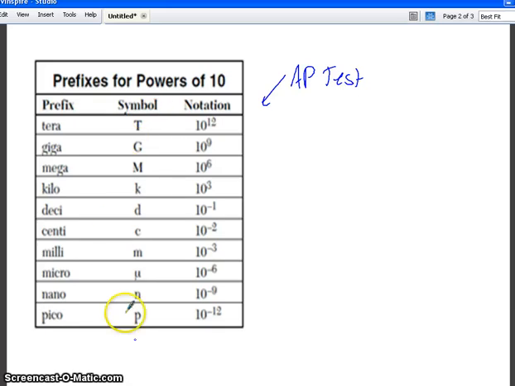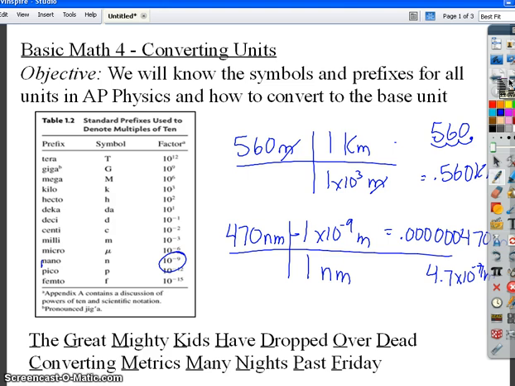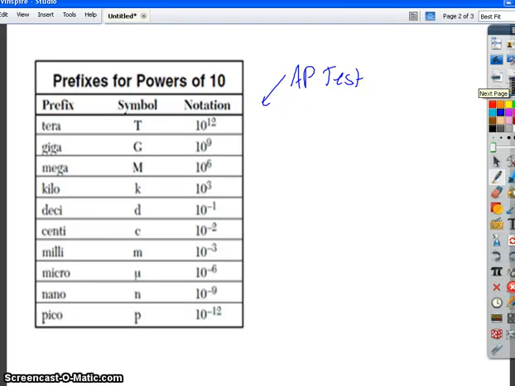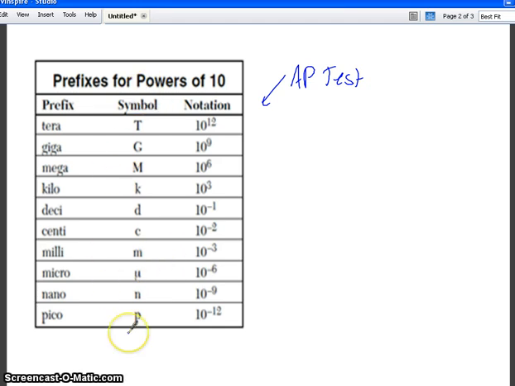You'll notice this list is a little bit shorter than the list back here because the reality is we really don't use hecto at all. I don't think I've ever used deca either. We don't really use femto that much, to be honest with you, but there's a practical reality here that these are the ones you will probably use right here. So this is what you're going to see on the AP test, and you will have a list of these as well.